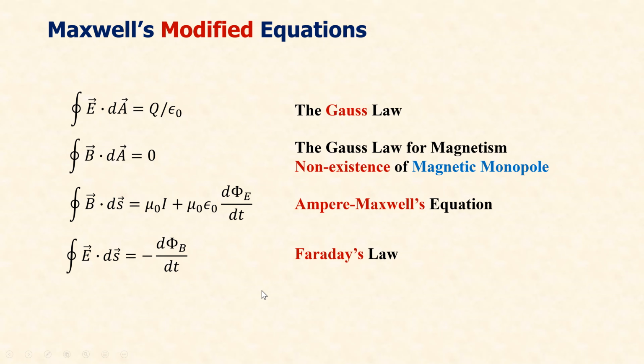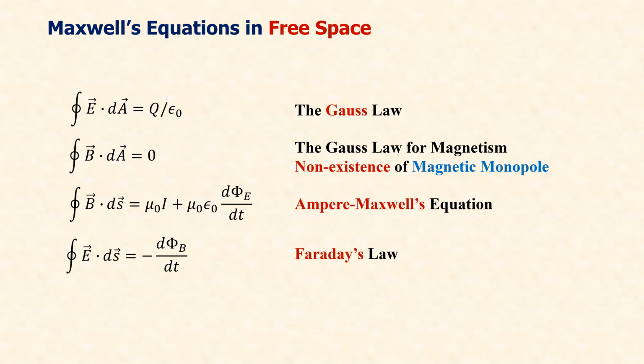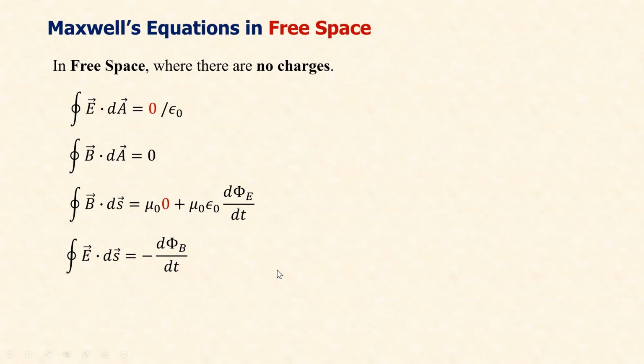And now, what happens in free space? Free space means a place where there's nothing, and there are no charges. So if there are no charges, then this Q and this current are 0. So we put those equal to 0, and we get these equations. All right, so we have these in free space.